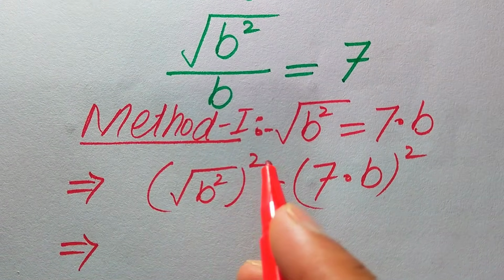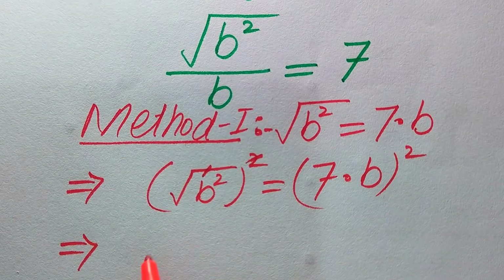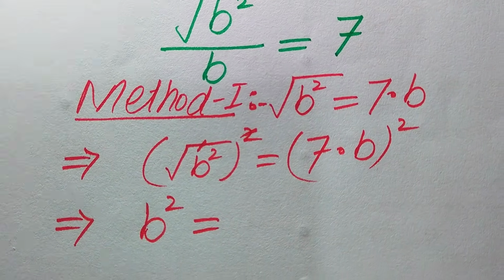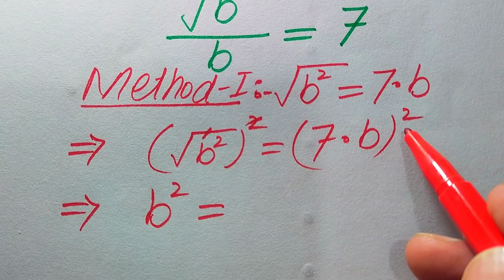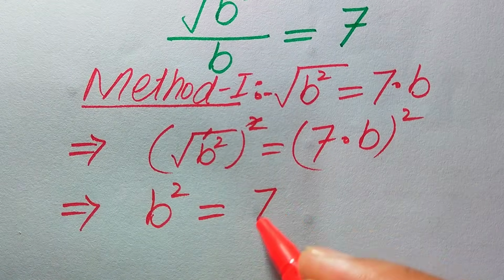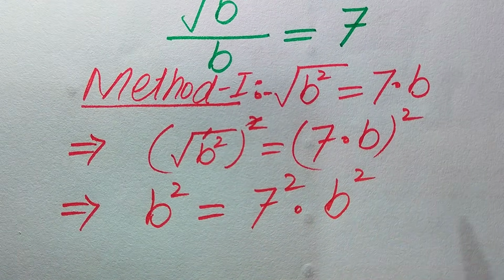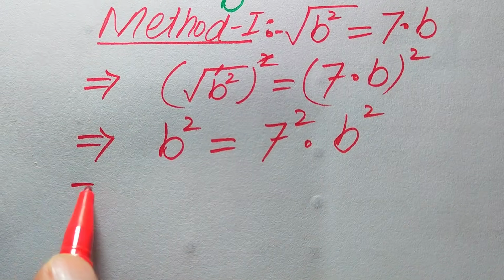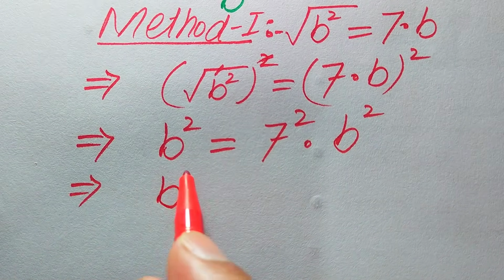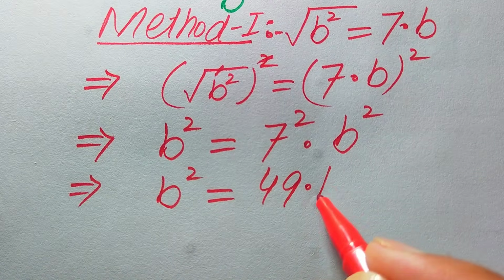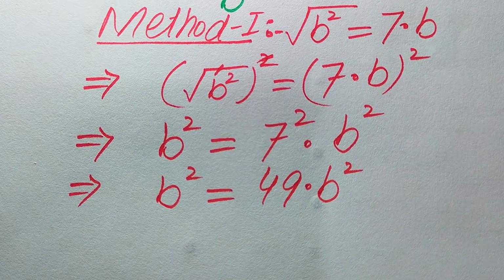In the next step the 2 and the square root cancel out each other and we get b squared equals, applying the square separately on both values, 7 squared times b squared. Further, 7 squared becomes 49, so b squared equals 49 times b squared.